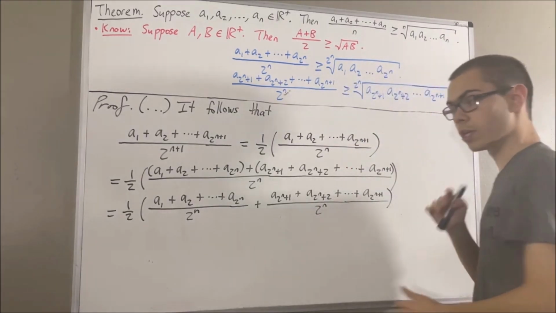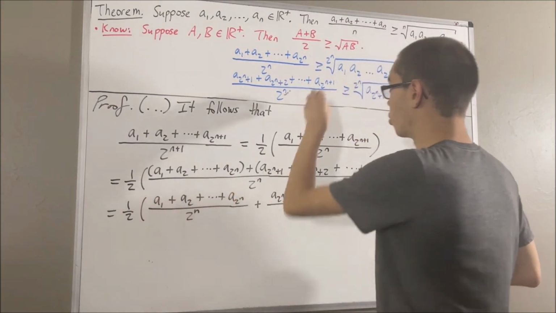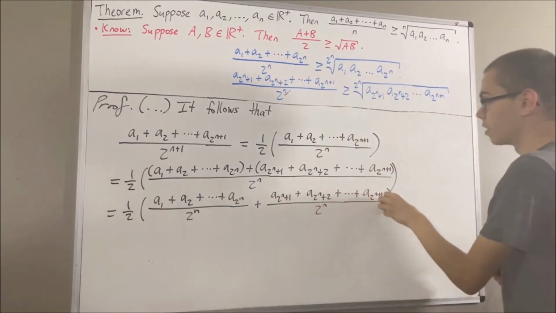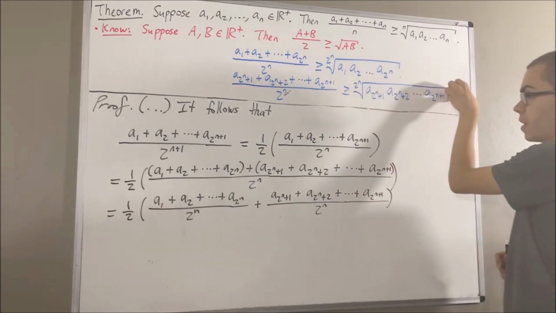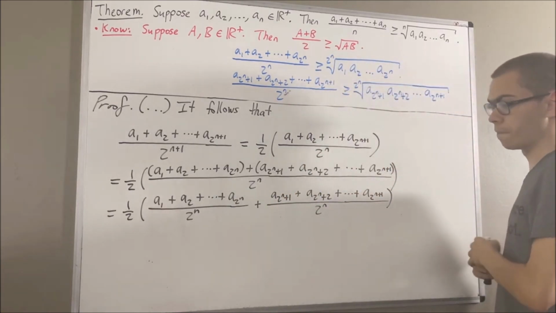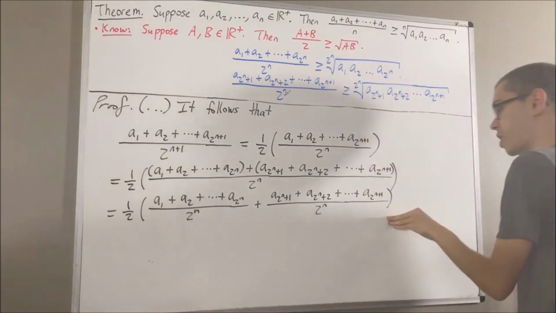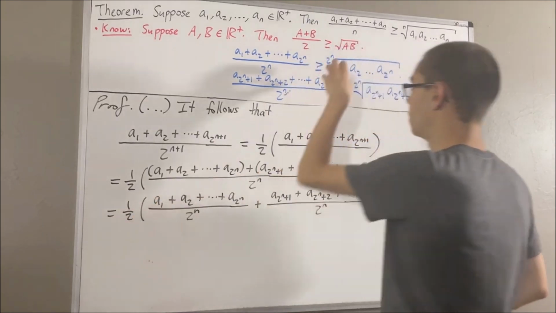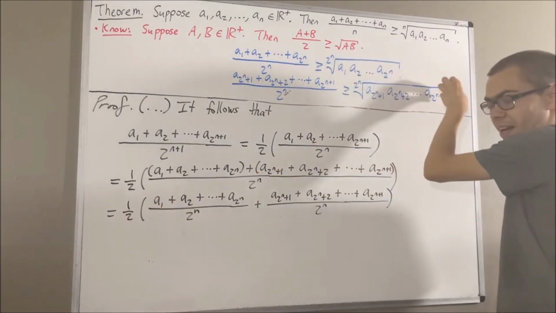But then we know that this guy is greater than or equal to the 2 to the nth root of this. And this guy is greater than or equal to the 2 to the nth root of this. And it follows that this entire thing must be greater than or equal to 1/2 of this guy plus this guy.